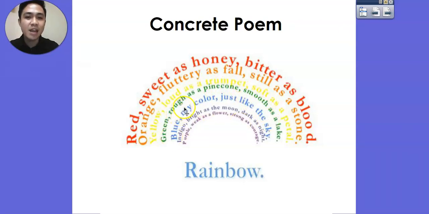Blue, my color, just like the sky. Indigo, bright as the moon, dark as the night. Purple, weak as a flower, strong as a courage.